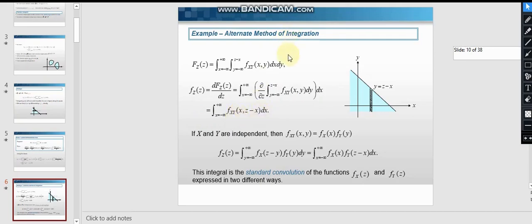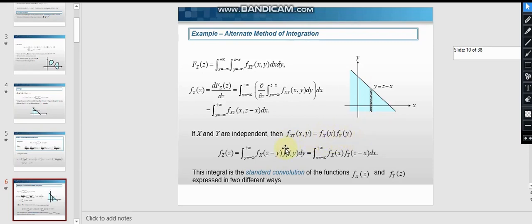Now, as I already said, x and y are independent random variables, so in that case the joint PDF of x and y is equal to the product of the marginal PDF of x and the PDF of y, as we already know that in the case of independent variables we can write it this way.